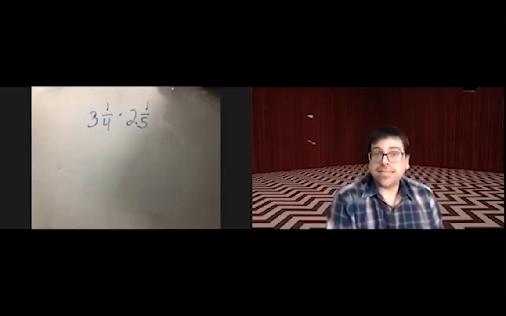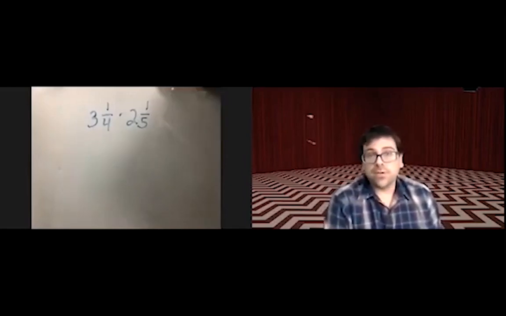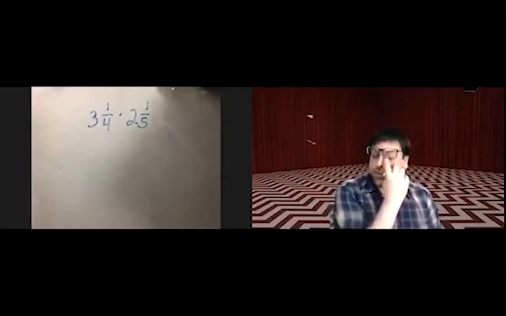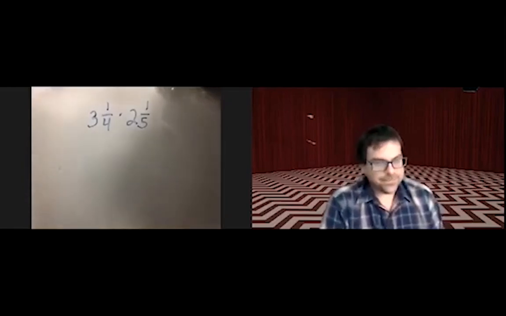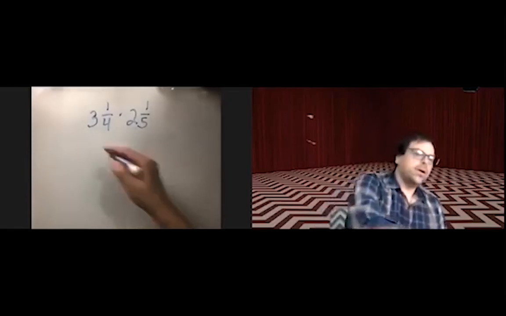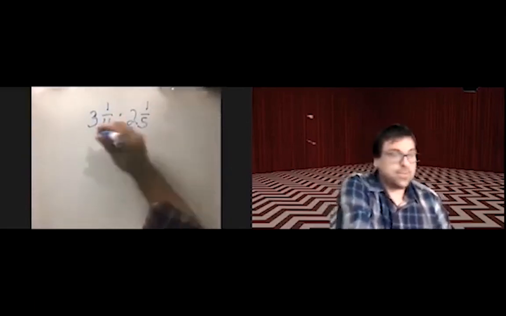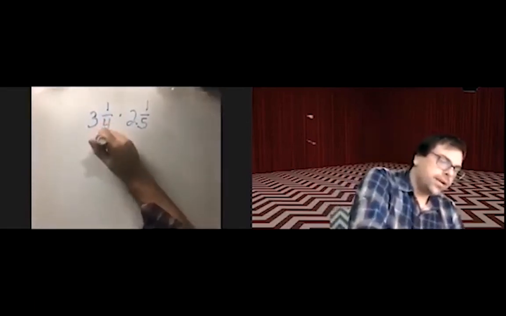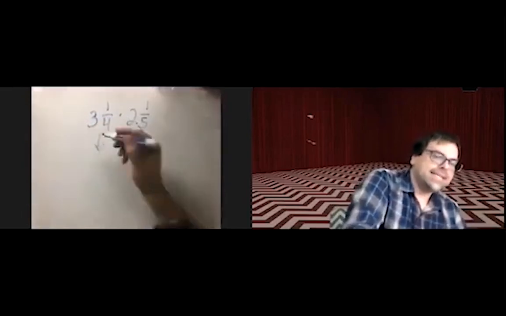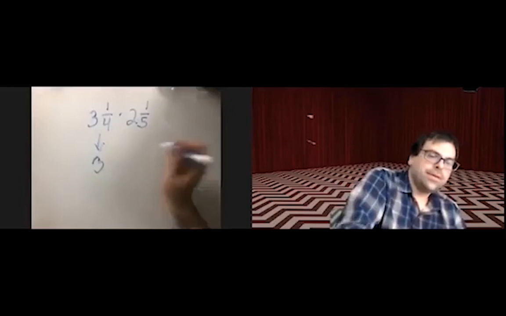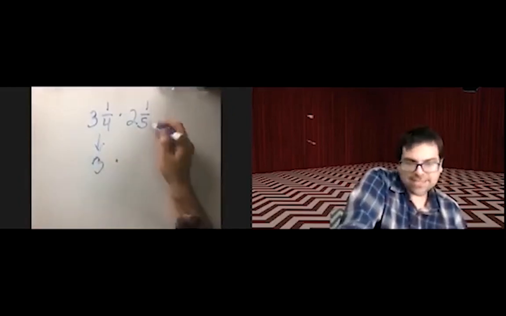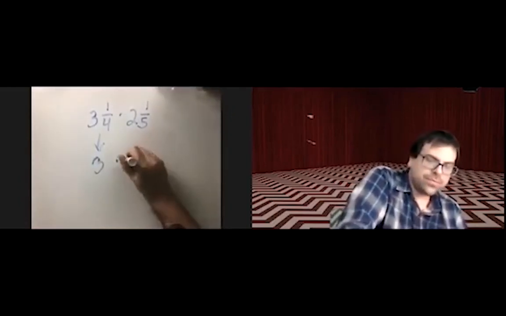And when we find an estimated product, that means we're going to round each to the nearest whole number, like we did in the earlier examples, and then multiply those whole numbers together to get a ballpark figure. Here, for the estimated product, 3 1/4, 1/4 is less than a half, so that's about 3. 2 1/5, that's less than a half, so that's about 2.